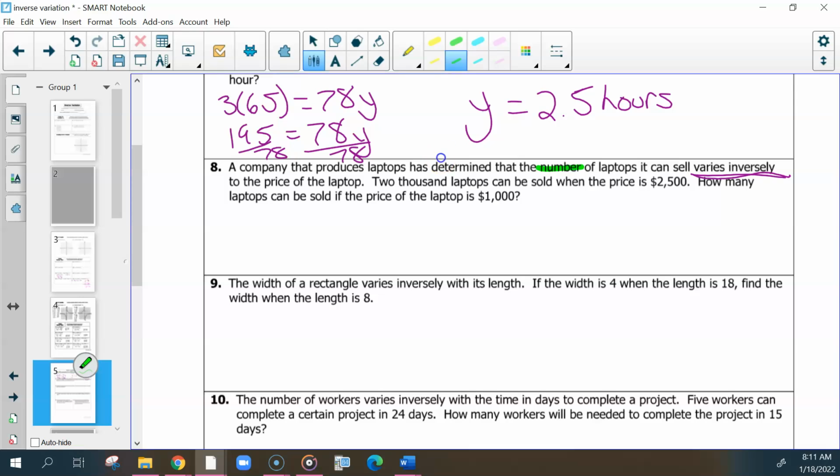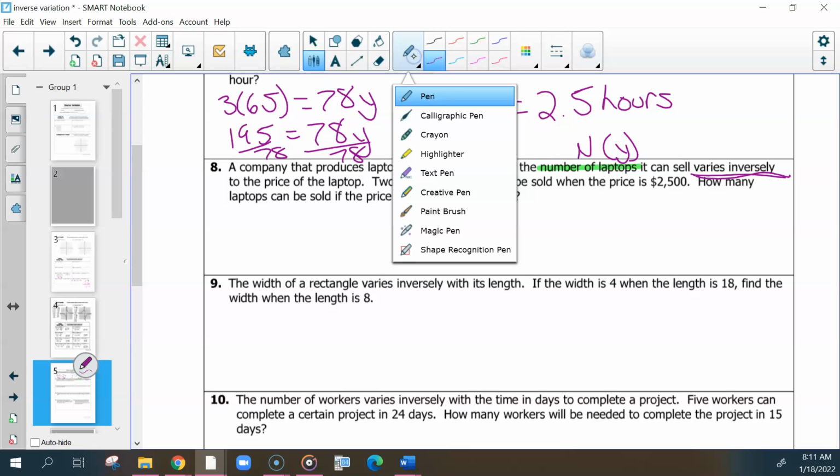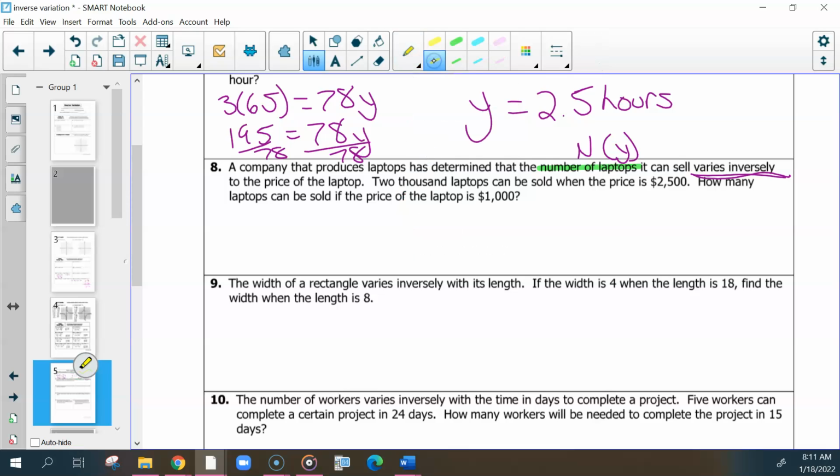So we know the number of laptops would be like our y, but let's say I want to call it n, which is fine. Just know that that would have been your y. And then the price of the laptop would be like your x, but let's say I want to call that p. Just know that would have been your x.